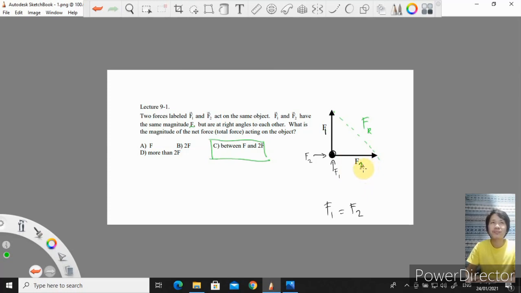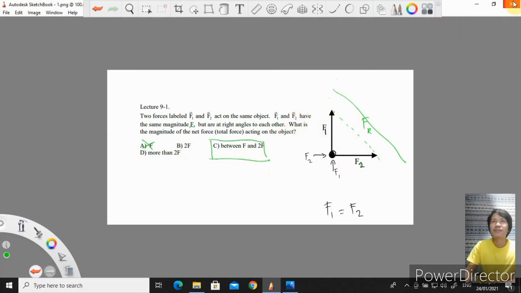So, hindi pwedeng F kasi mas longer yung side nito. Syempre hypotenuse compared to the other two sides. So 2F, hindi din naman pwedeng 2F. So twice the value of F, sobrang haba nun, between F and 2F makes sense. Pag nilagyan mo yan ng value, lalo na pag chinek mo.